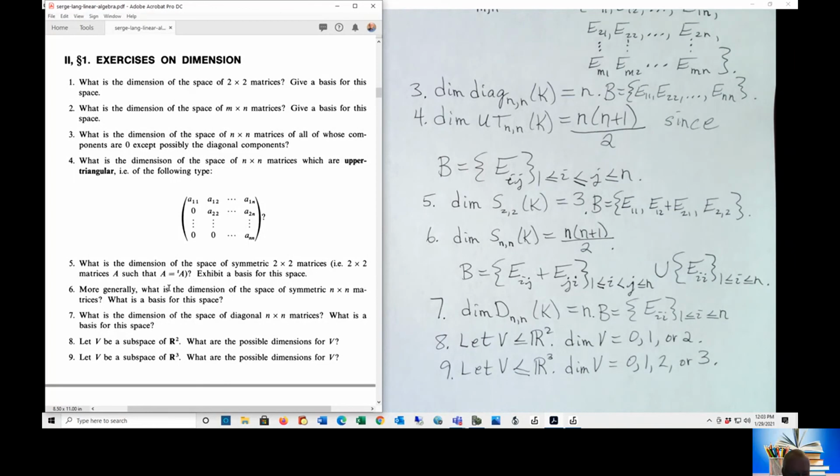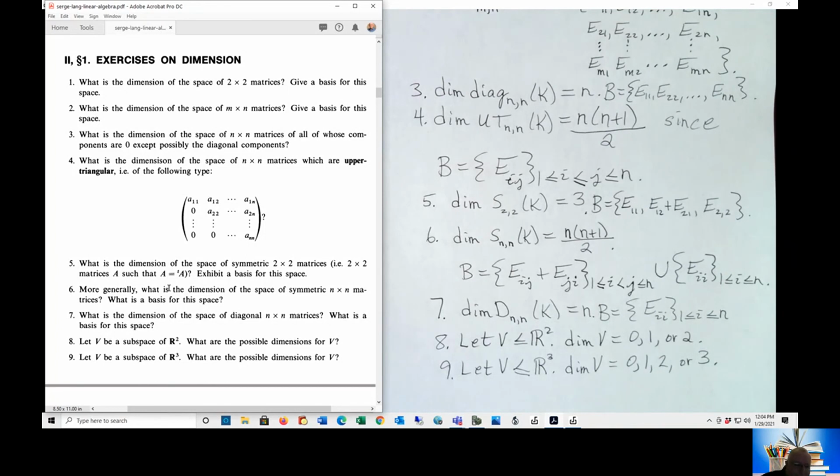Finally, numbers 8 and 9. Number 8, let V be a subspace of R2. What are the possible dimensions? Well, if it's trivial, consisting only of the 0 vector, it has dimension 0. If it's a line, it has dimension 1. If it's the whole space, it has dimension 2. Very simple.